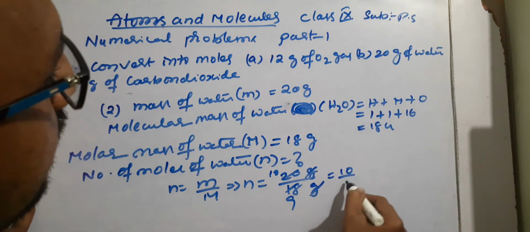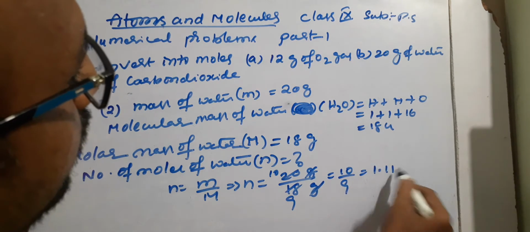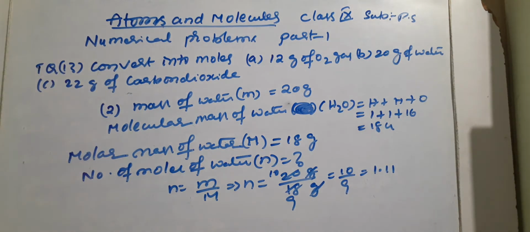So 10 by 9, it will be 1.11 moles. So 20 grams of water has 1.11 moles, students. So now we go to finding the number of moles present in 22 grams of carbon dioxide, students.